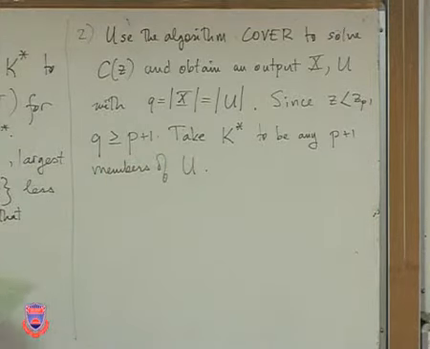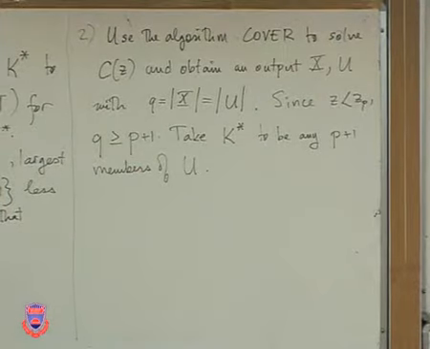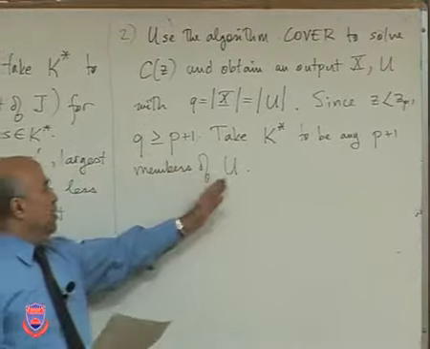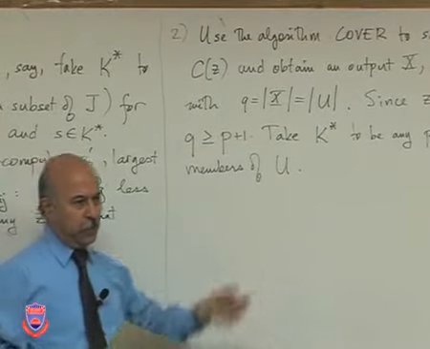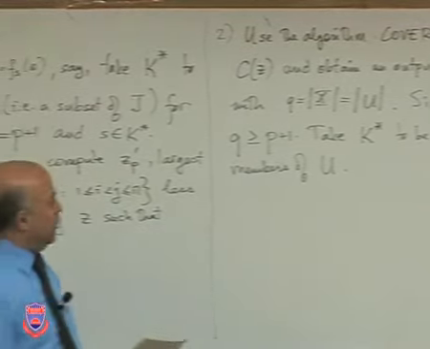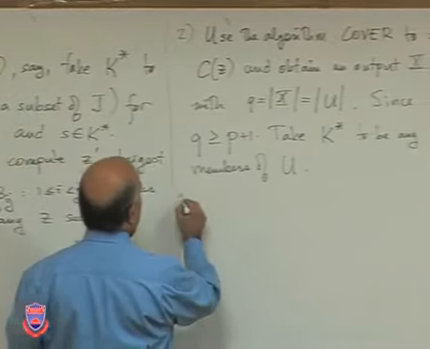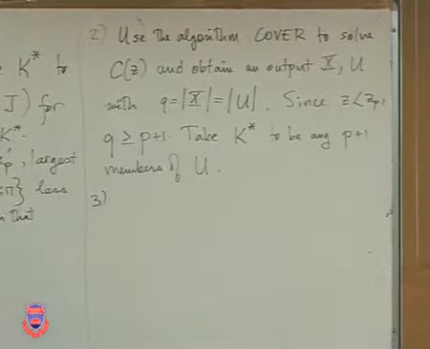So take K star to be any p plus 1 members of U. Of course, if U contains exactly p plus 1, then you have only one choice. If it has more than p plus 1, you've got alternate choices. But it doesn't matter which one you pick.